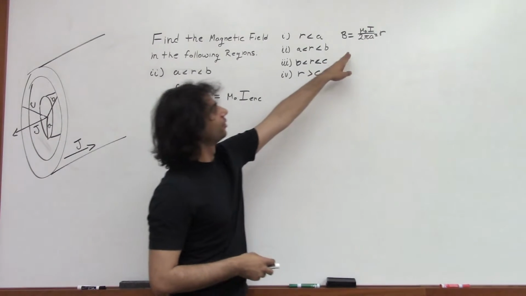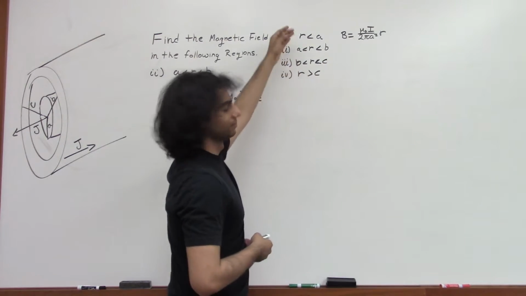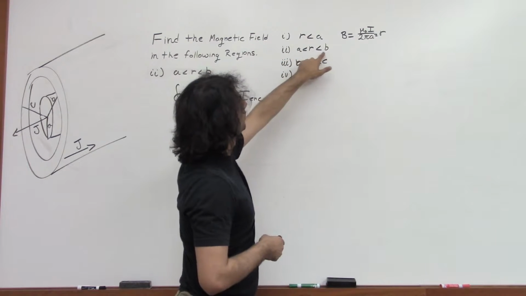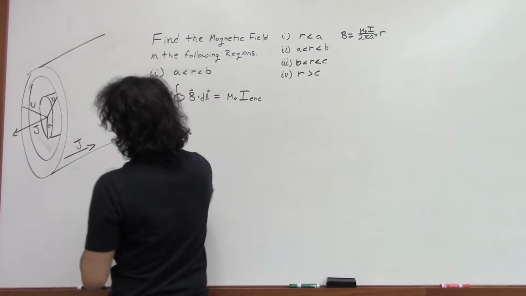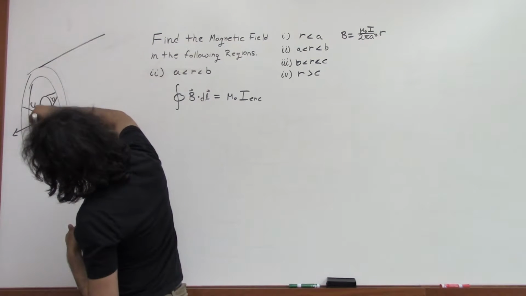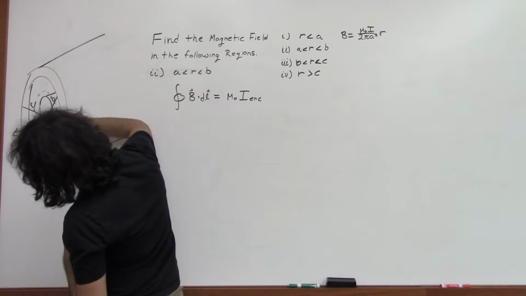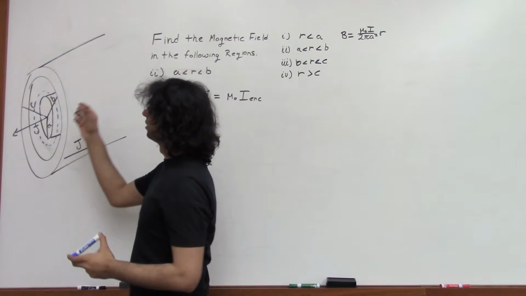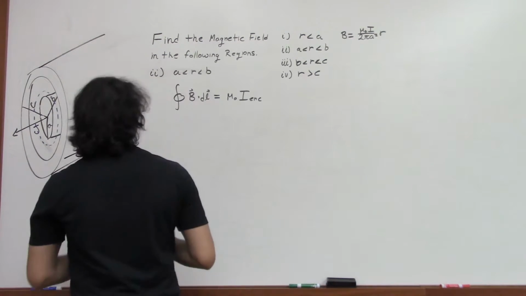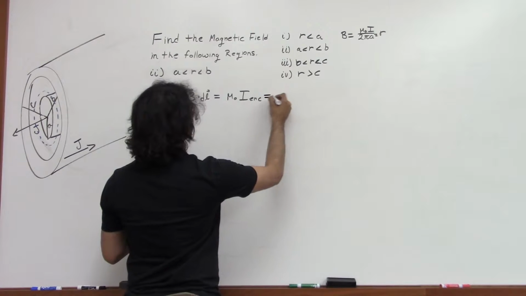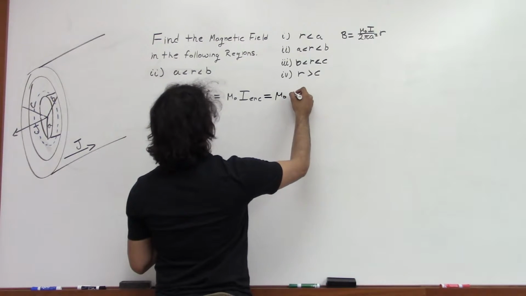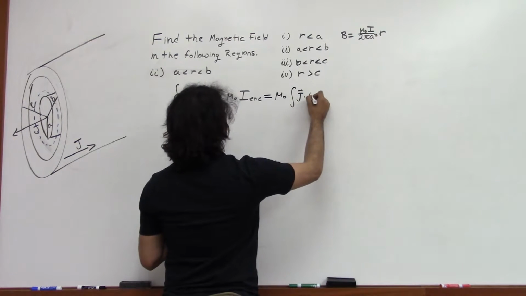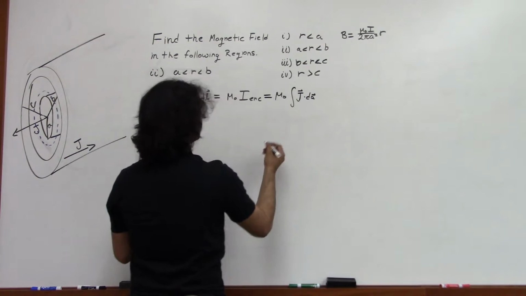Alright, so now we've figured out this one, we just have to continue going down the drain. So, when r is less than b but greater than a, let me draw that Amperian loop. So that looks more like this over here. But the nice thing is there's only one current that's enclosed. It's just mu naught integral j dot dA, but it's the entire current.